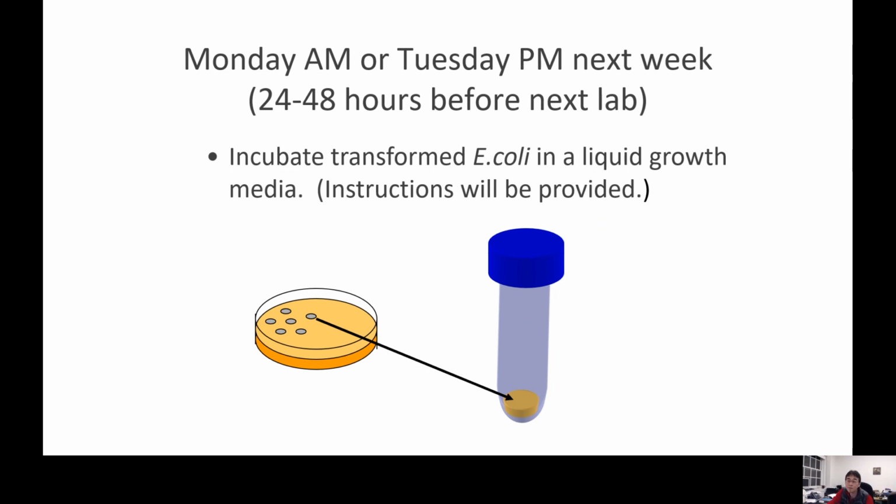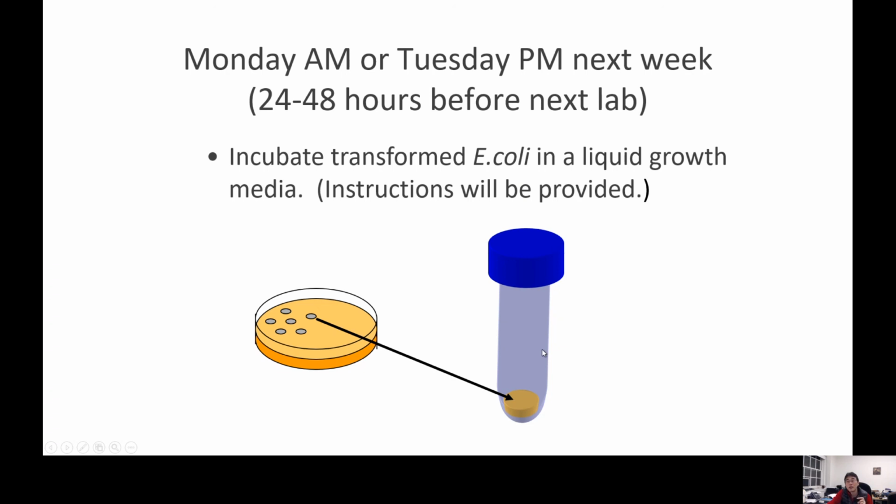Speaking of which, a few days after that, about a day or two before the subsequent lab, we're going to have to start a liquid medium, because you're going to have 2 tubes. We're going to pick a colony from one of the LB amp and AR plates and put it into the liquid medium. There will be an instruction, because we'll be doing a protein isolation lab, and I will put up another video when the time comes.